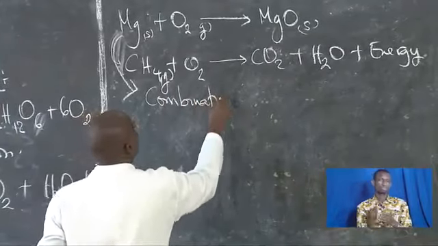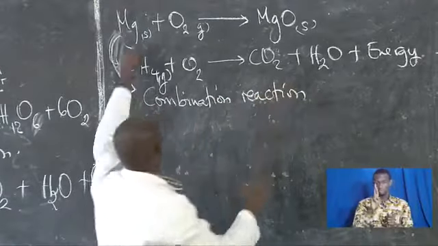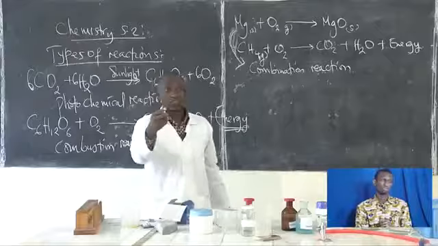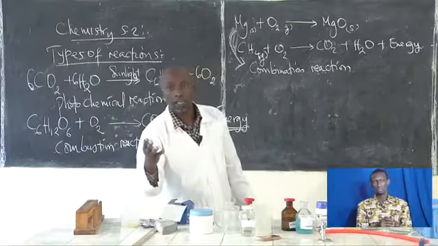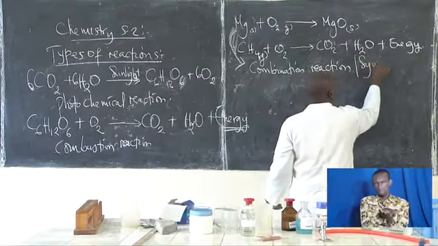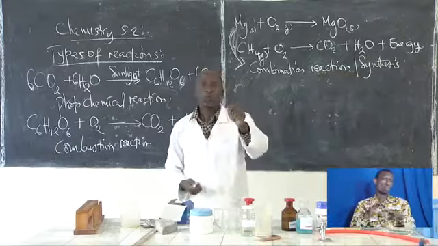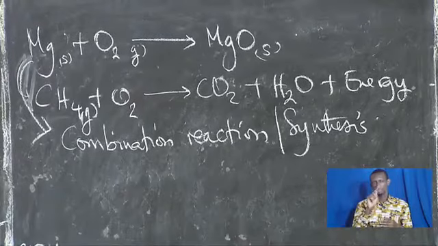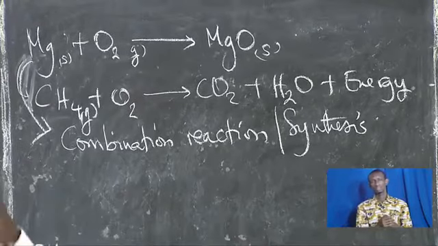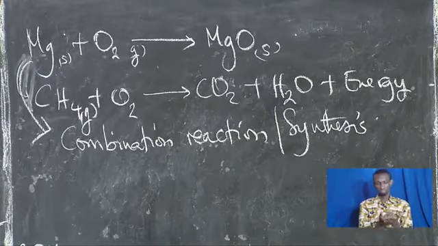This is a combination reaction. So in addition to being combustion, it can as well be a combination reaction, or synthesis. A synthesis reaction: one product is synthesized, or made, from its elements in their standard states.